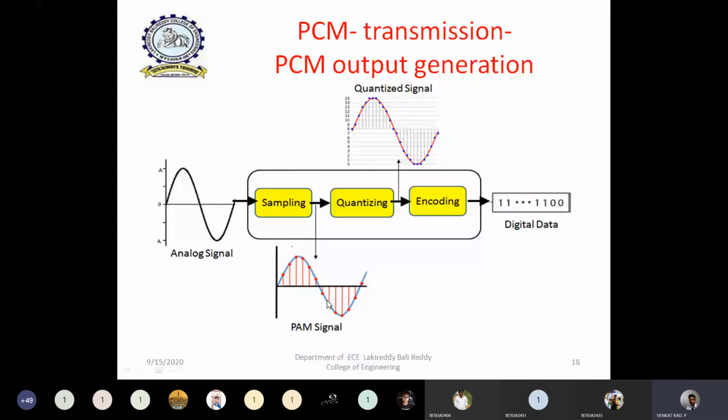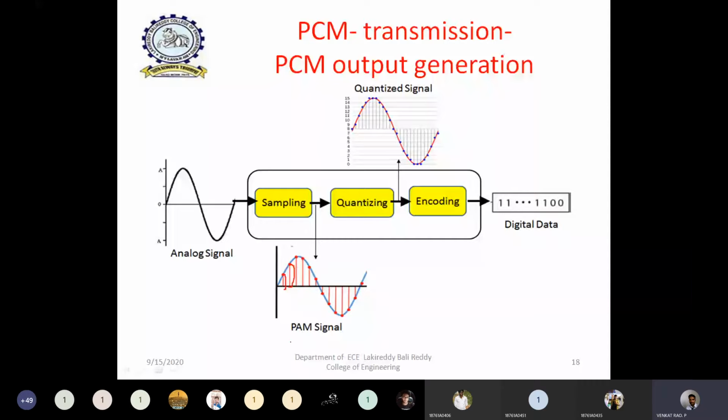Practically, each sample has some width. If you observe, all the samples have some width, so this waveform is clearly like a PAM signal.